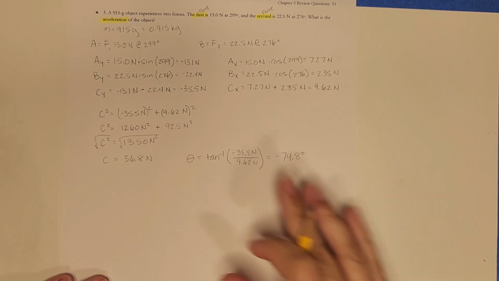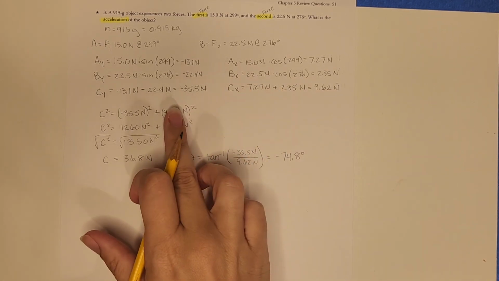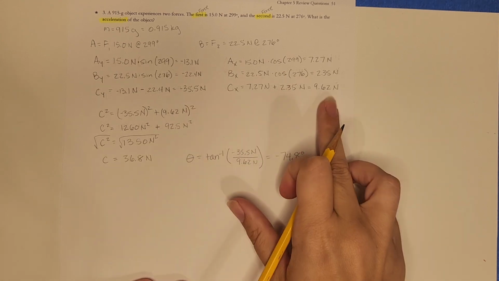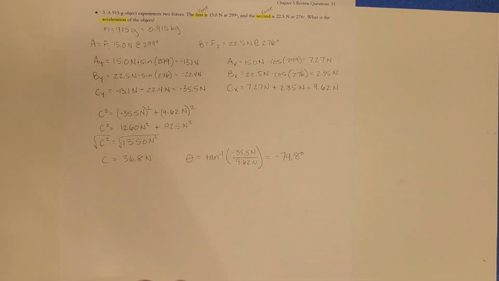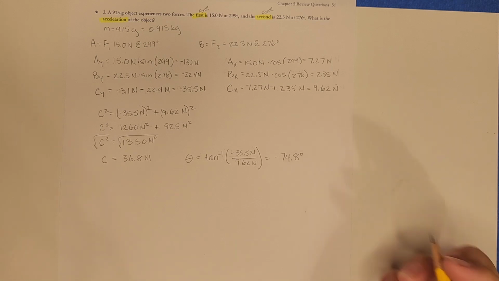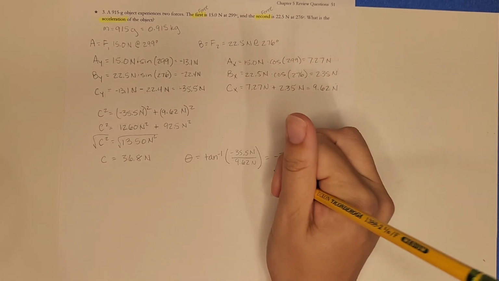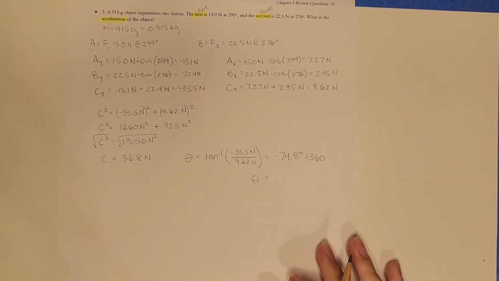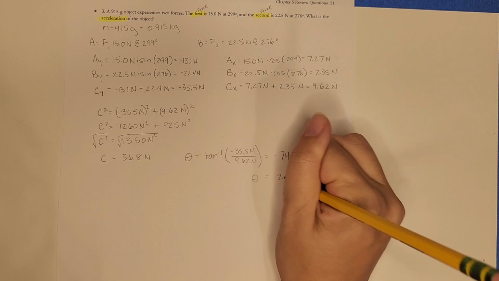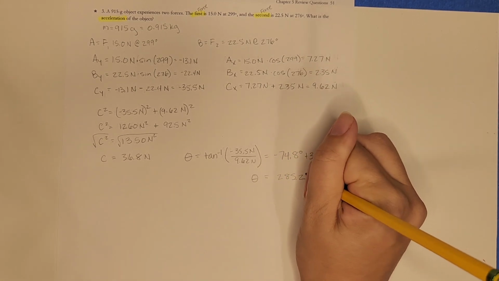And so let's look at this and determine what quadrant we're in. Okay, so we have a negative y value and a positive x value. So that means that we're in quadrant 4. And with quadrant 4, we need to add a full 360 degrees. And so my angle comes out to 285.2 degrees.